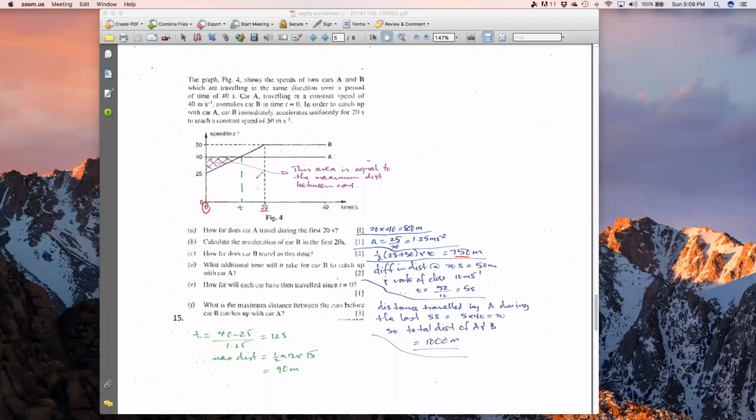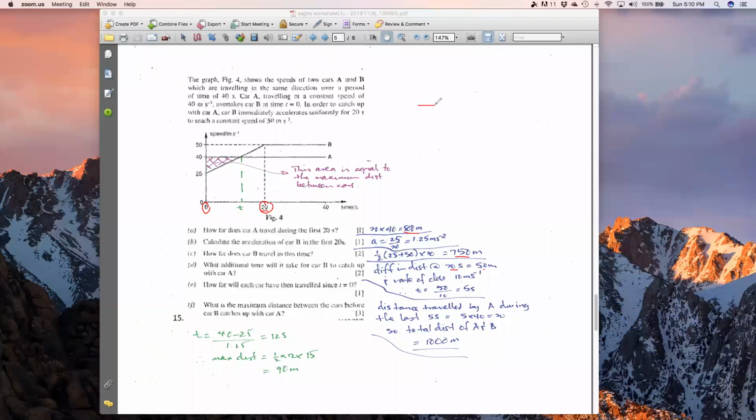Car B would have traveled this much. But how far would car A have traveled? You didn't ask the question, but if you were to ask yourself, car A would travel this distance, this rectangle here. Or they did ask the question. We know that car A traveled 800 meters. So after 20 seconds, the two cars are separated by 50 meters. The difference in distance at 20 seconds is 50 meters. Car B is 50 meters behind car A.